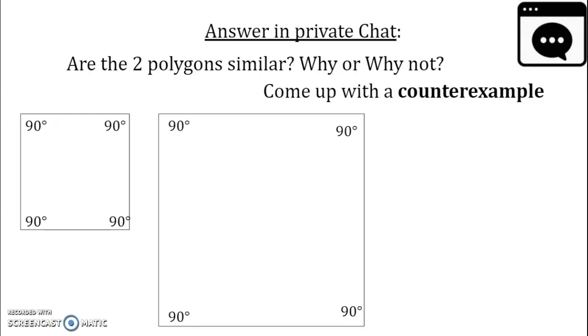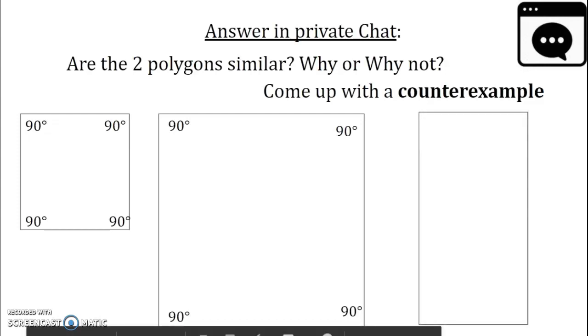Okay, pause the video. I hope you had a chance to think, and this will be an example of a counterexample. This rectangle still has 90, 90, 90, 90 degrees as its angles, but obviously this rectangle is not similar to this square.